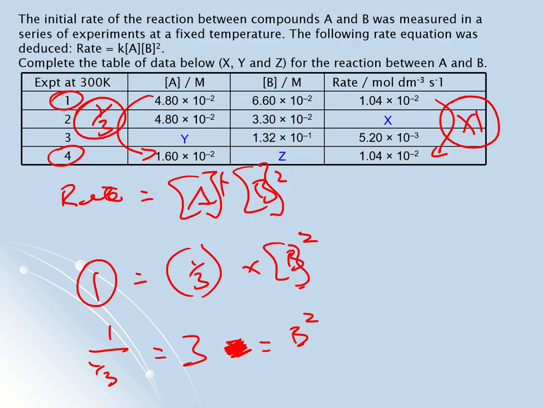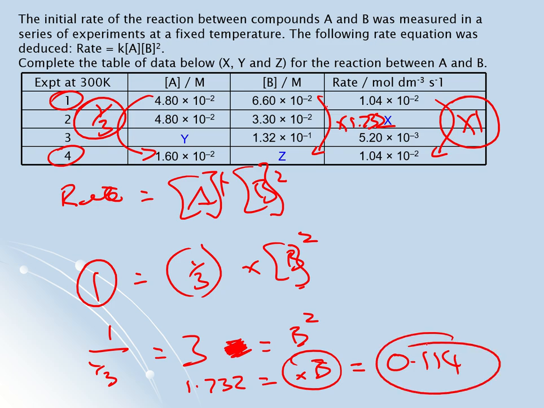So the square root of 3 is 1.732, which is equal to the change in the concentration of B. So if I multiply 1.732 by 6.6 times 10 to the minus 2, that gives me the new concentration of B, which is 0.114, to 3 significant figures.